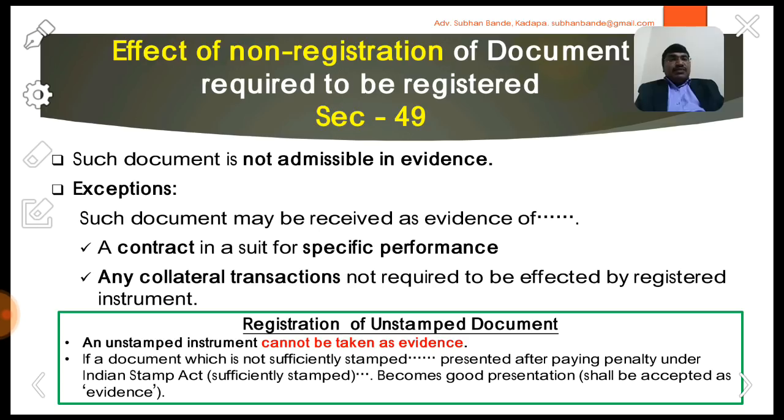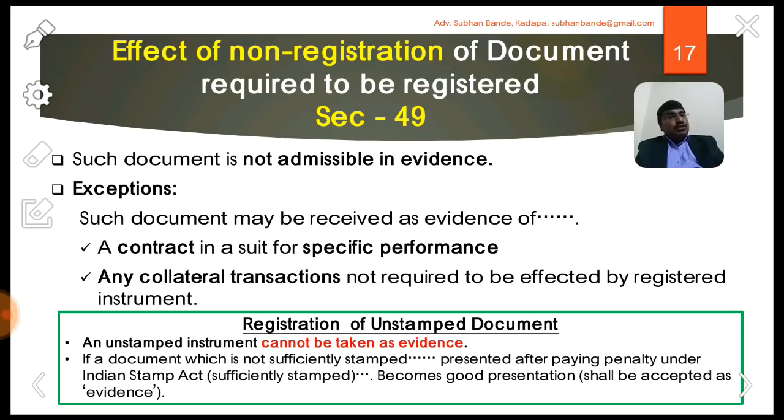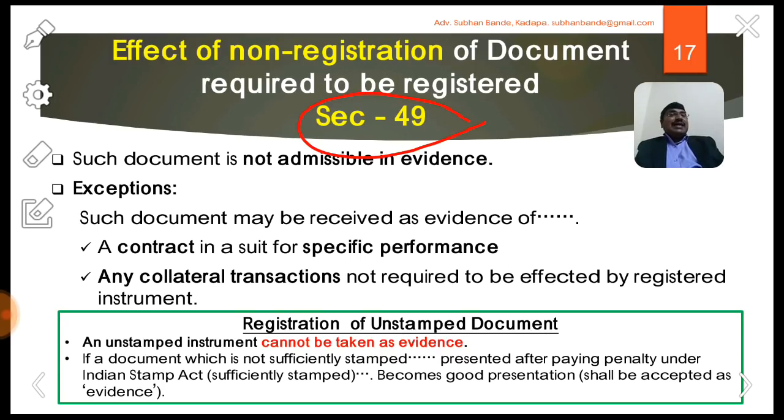Next, the effect of non-registration of a document required to be registered. A document should be compulsorily registered as under section 17. What will happen if such an instrument is not registered? This is explained under section 49 of the Act.